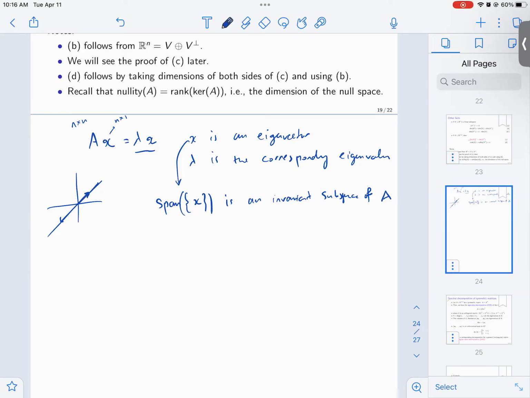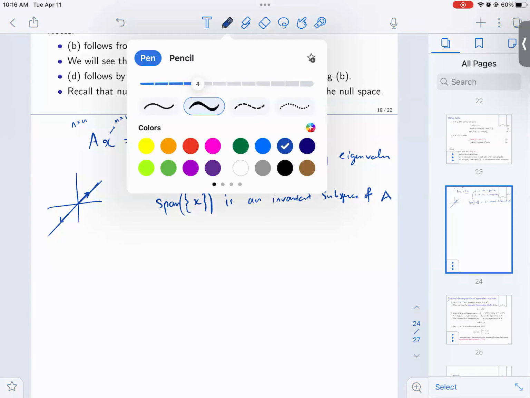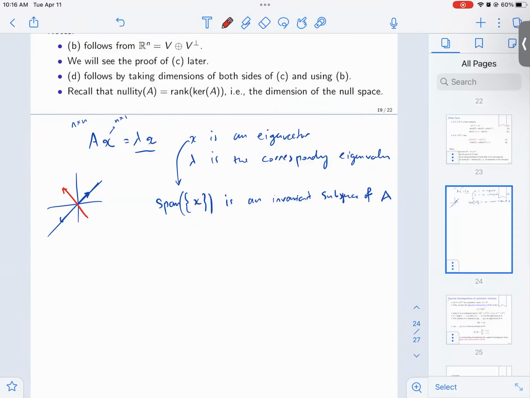If I find another eigenvector, I know that, for example, A multiplies things along this direction by 3, and along this direction by 2. Now I can decompose every vector in R2 as a linear combination of these two. Because A is linear, it passes through the linear combination coefficients, so I can determine what it does.